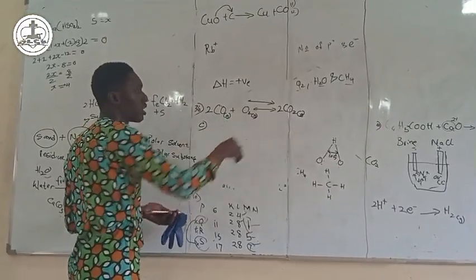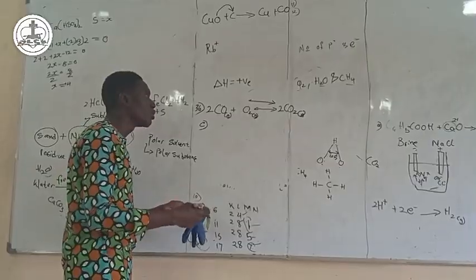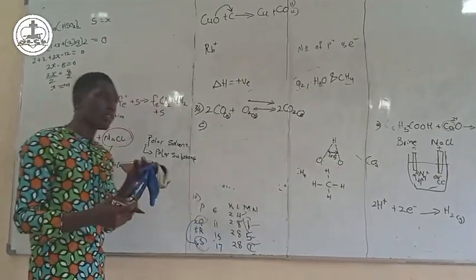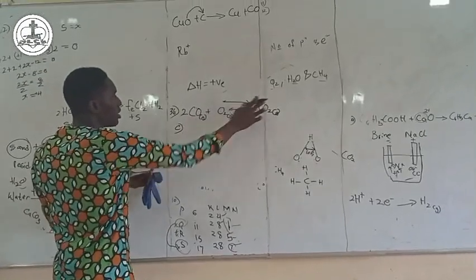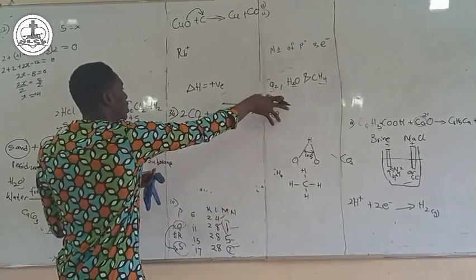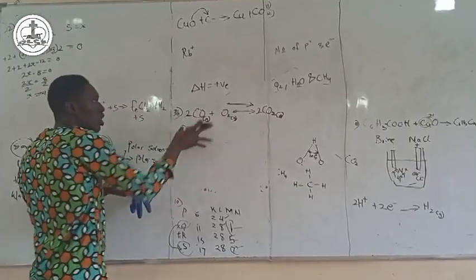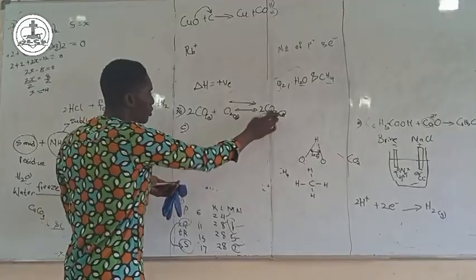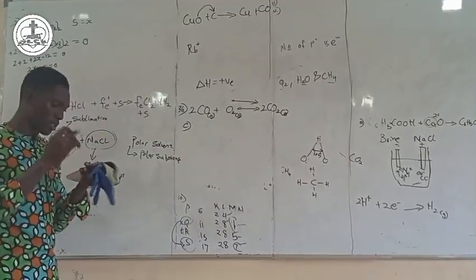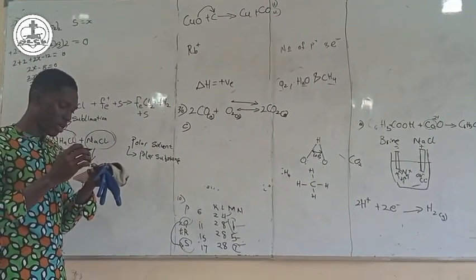So it proceeds in the direction that has lesser volume so that it can accommodate the pressure. There's an increase in this concentration and a decrease in that, so there's a change in both the reactants and products. So the answer to that is C.